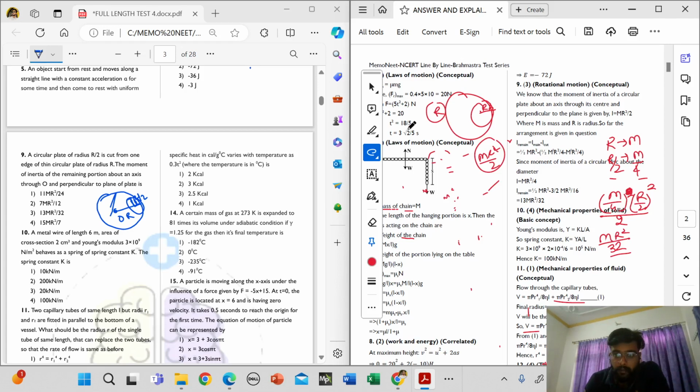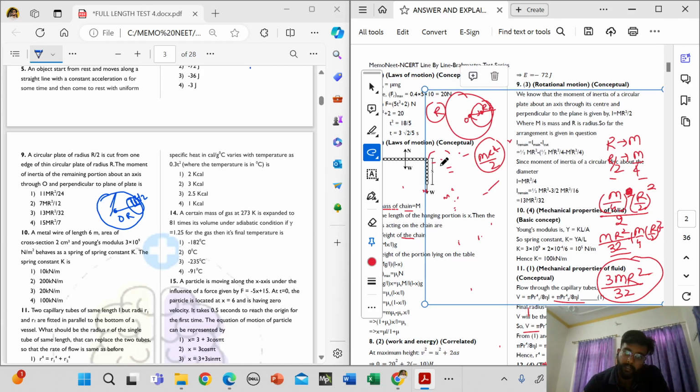Now this is the moment of inertia at its center. We want the moment of inertia at point O, so we can use the parallel axis theorem and add the term with mass m by 4 and distance r by 2. So we get 3 by 32 m r square, the moment of inertia at this point from this small part.